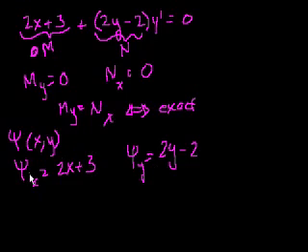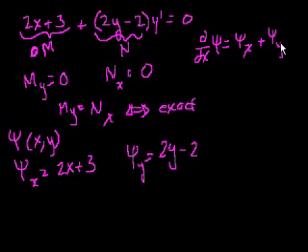If we can find our xi, we know that this is just the derivative of xi. Because the derivative with respect to x of xi is equal to the partial of xi with respect to x plus the partial of xi with respect to y times y prime.